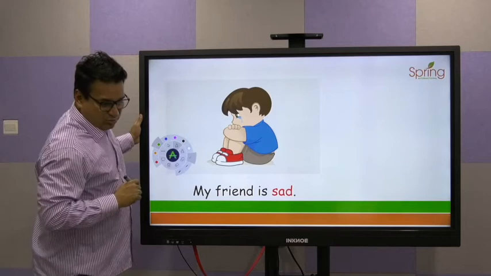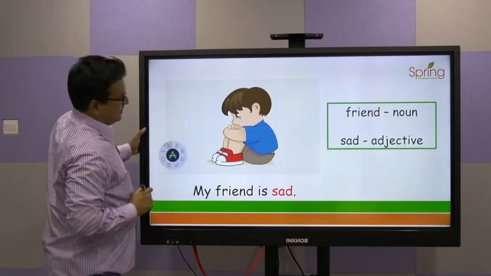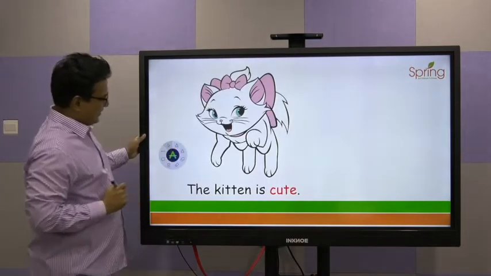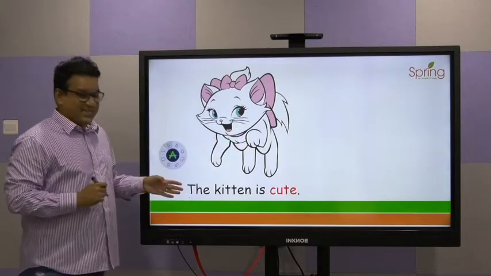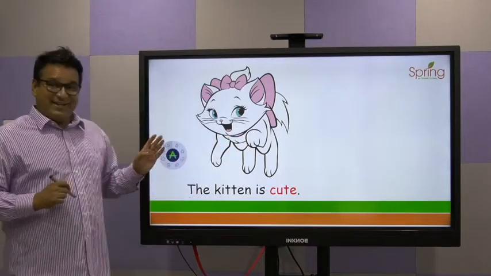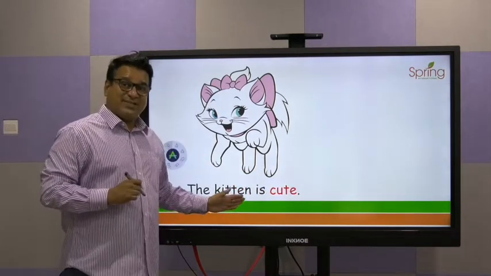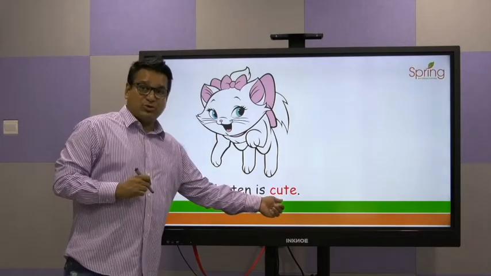Let's look at one more. The kitten is cute. Okay, so this sentence is the same as the last sentence where the adjective comes after the noun. The kitten is cute.